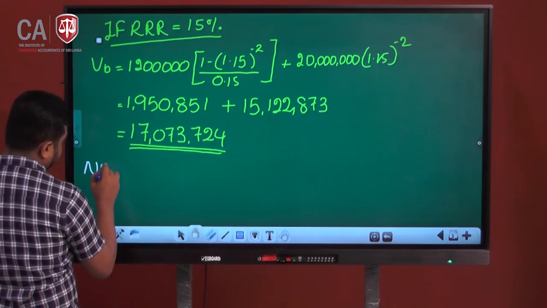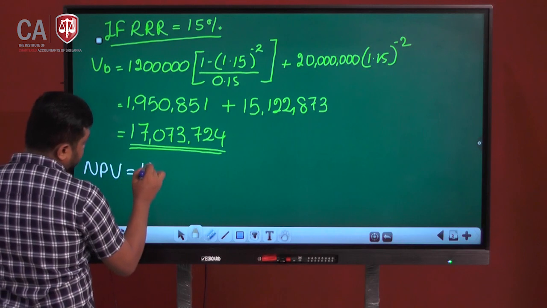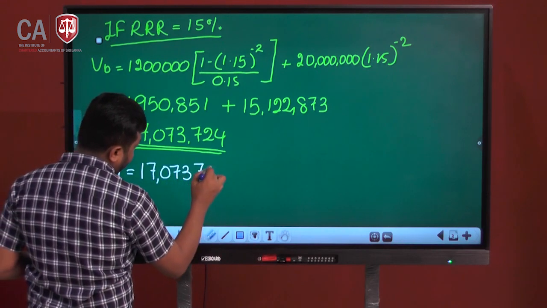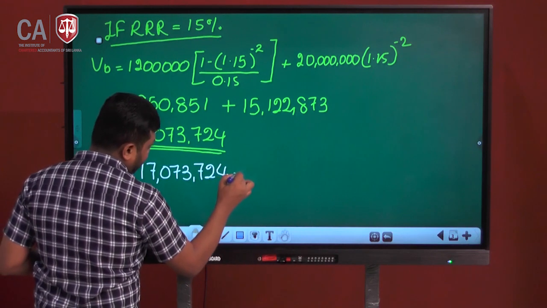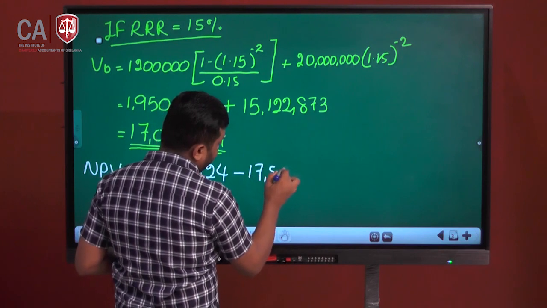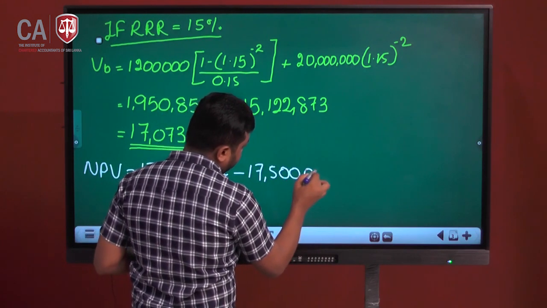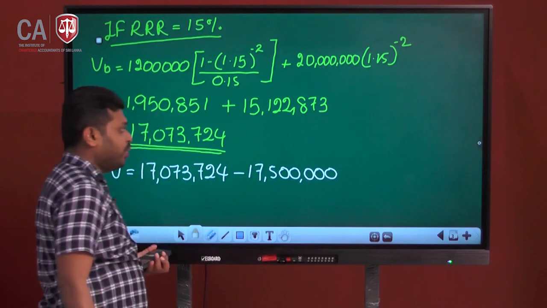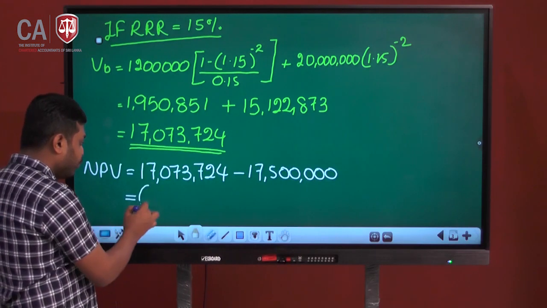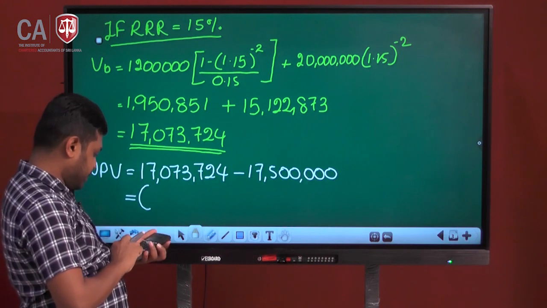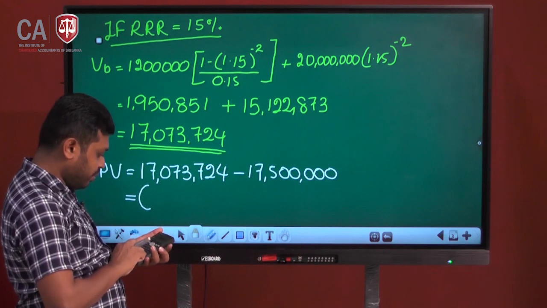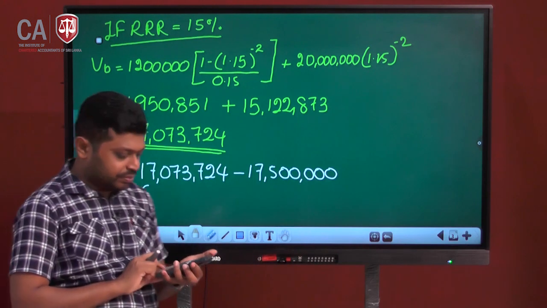NPV: 17,073,724 minus, then you have to forgo, 17.5 million. The NPV will be a negative figure. We will take 17,073,724 minus 17.5 million.